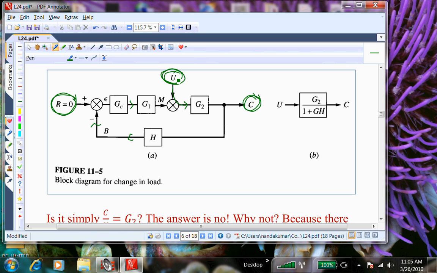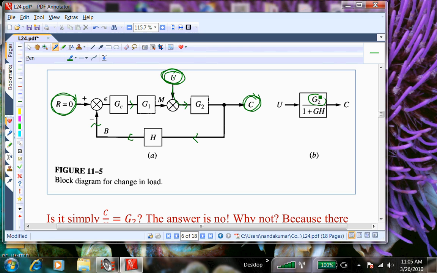But if you apply the same rule, the thing to recognize is that there is a feedback, but there is only the forward path that we need to look at in the numerator. So between U and C, it is only G2. So GC and G1 don't have any influence on the numerator.